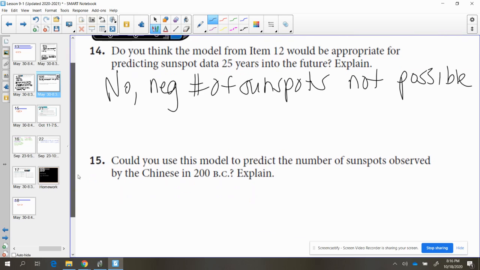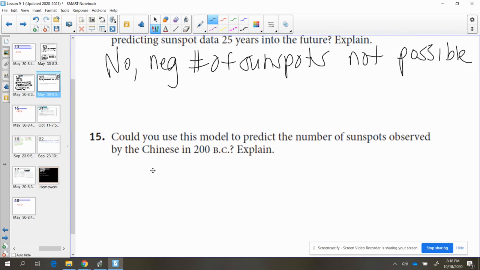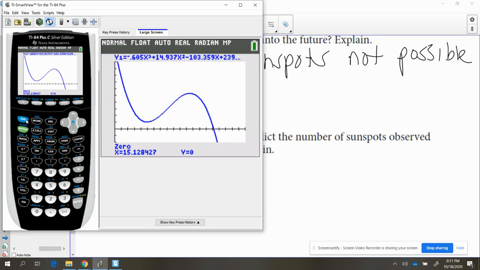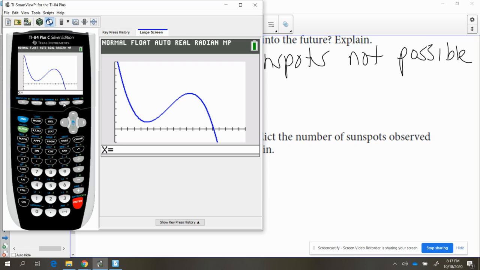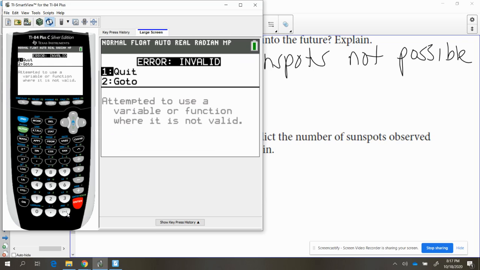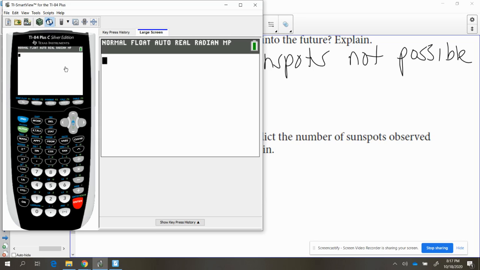And also, especially when you consider, okay, if I was trying to figure out how many sunspots were going to be observed in 200 BC, well, if we started this graph in 1990, that means that 200 BC is going to be represented by an x value of negative 2190. And if we tried to calculate that, I don't even know if our calculator is going to give us a valid answer.